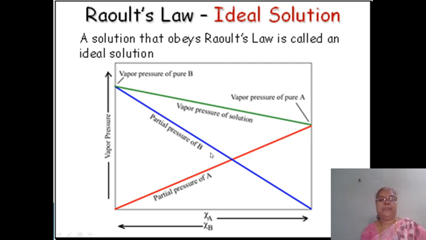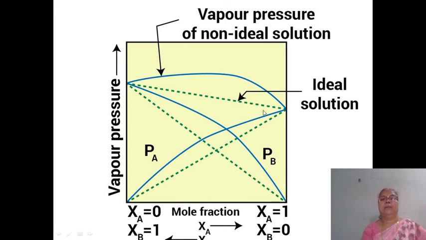And here the non-ideal solutions do not obey Raoult's law. Therefore, instead of getting a straight line, we get a curved line. And all these solutions we call non-ideal solutions.